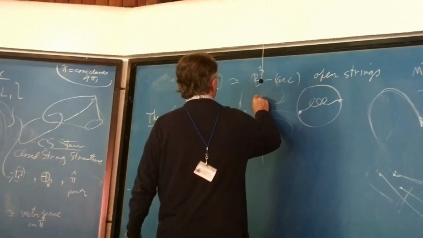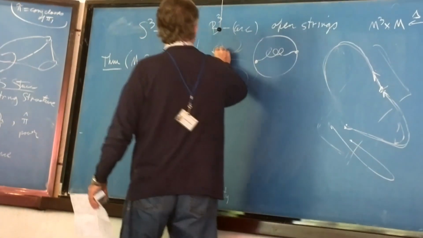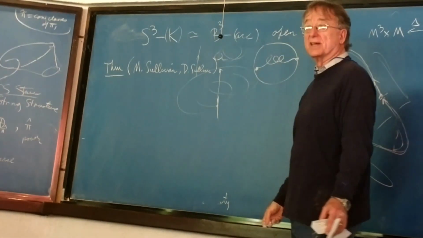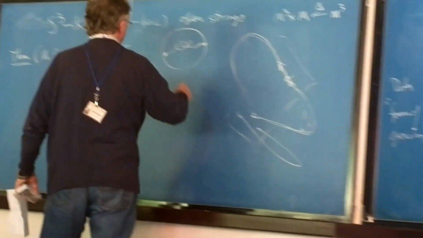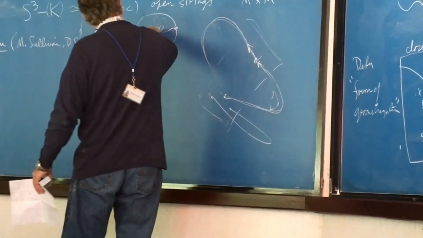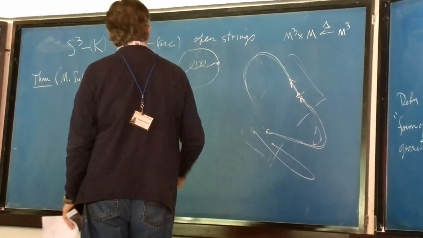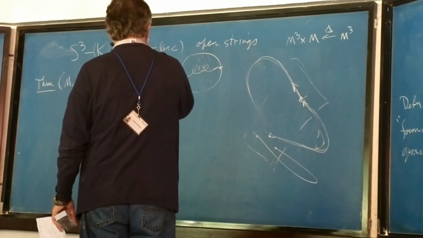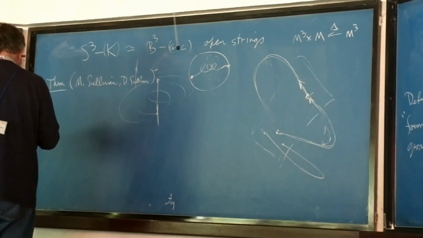If you have a round knot and you remove a ball like this, what's left is a ball and a knot in the boundary, and the complement's the same. And then we work with these open strings here. Now, since this is contractible, you can move the endpoints to where they coincide, so they kind of form a cycle. And then I'll just write the statement of the theorem.